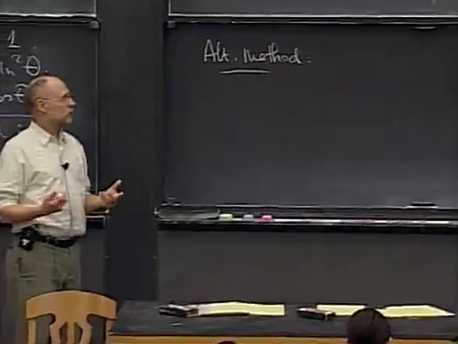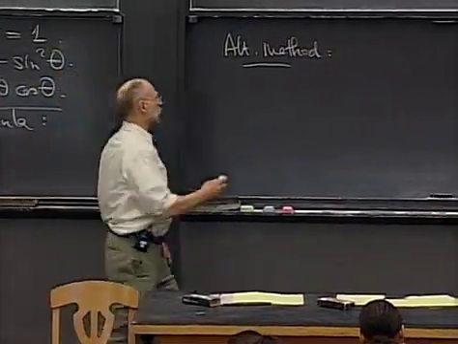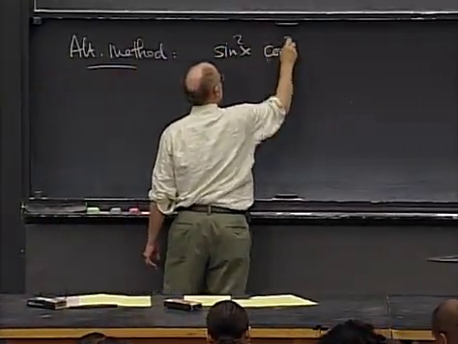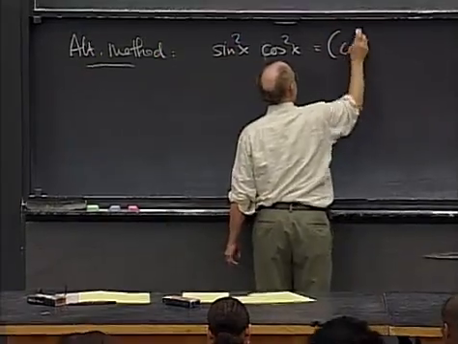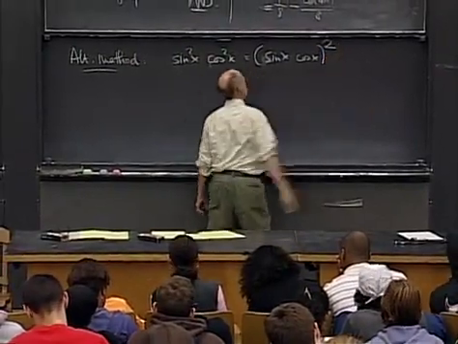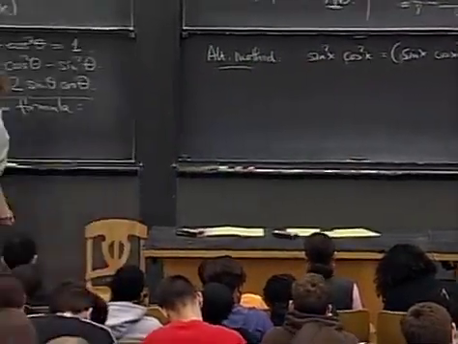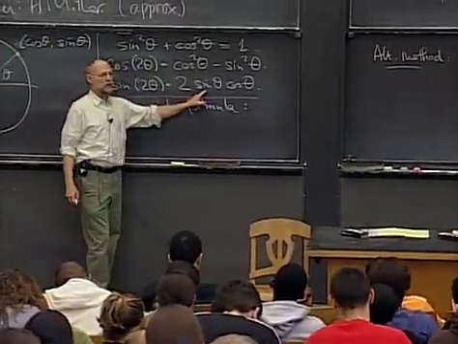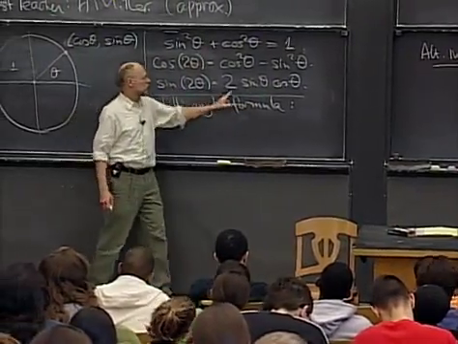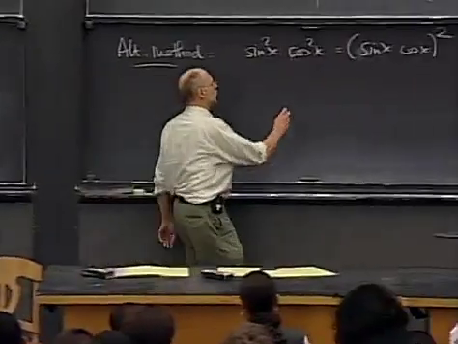I'm trying to deal with sine squared times cosine squared. Well, that's the square of the sine of x times the cosine of x. And the sine of x times the cosine of x shows up right here in another trig identity, so we can make use of that too. That reduces the number of factors of sines and cosines by 1, so it's going in the right direction.